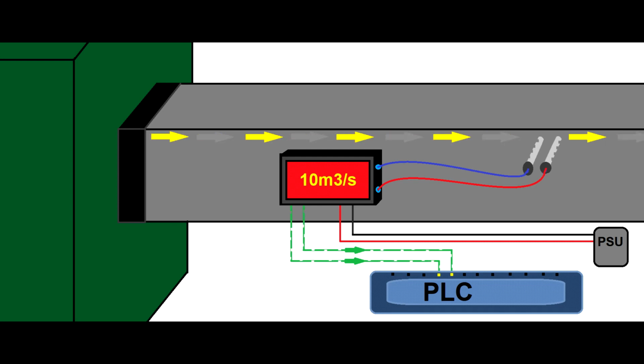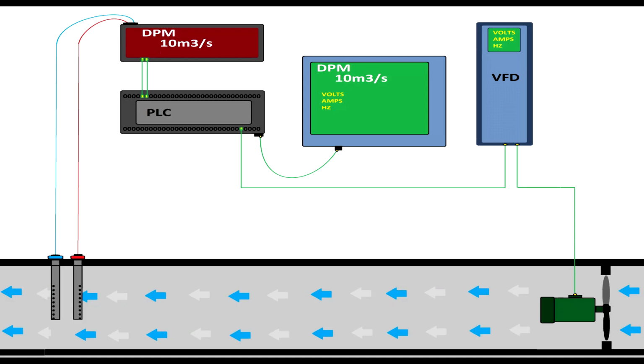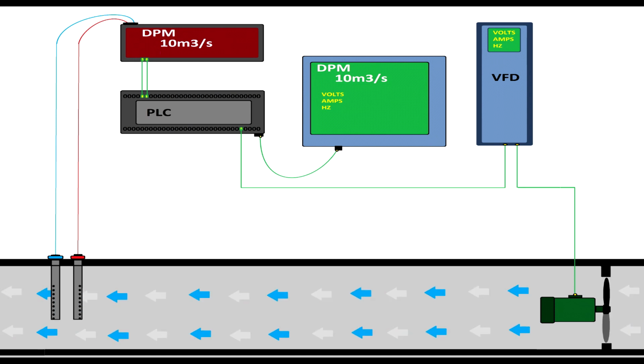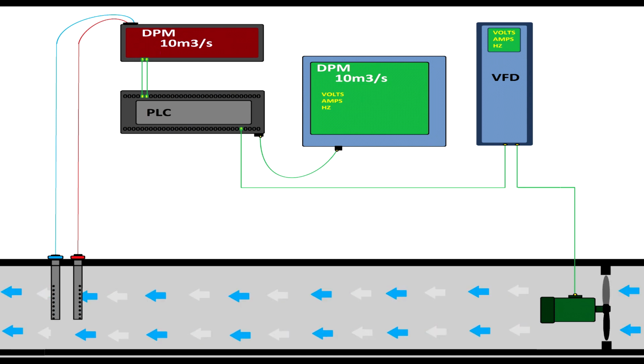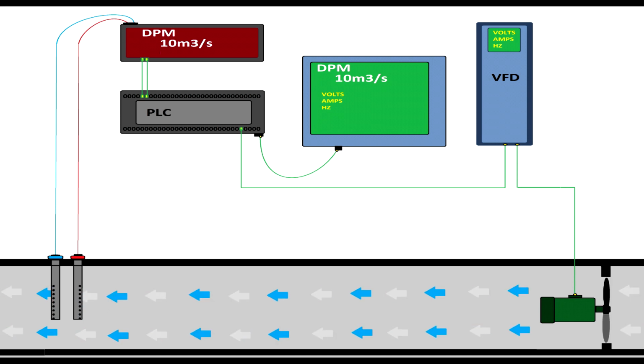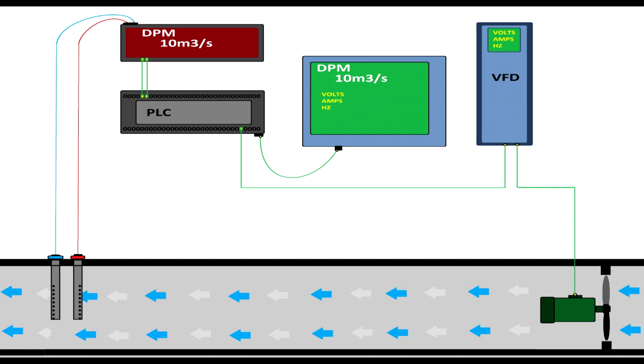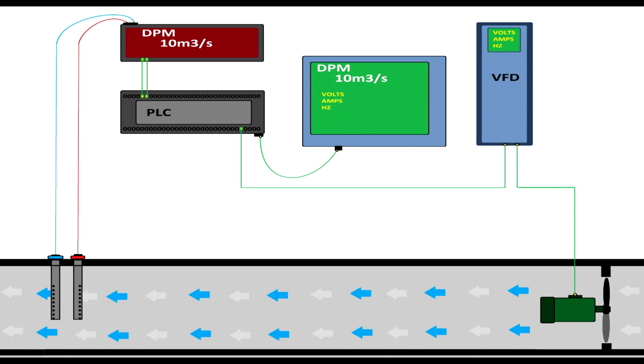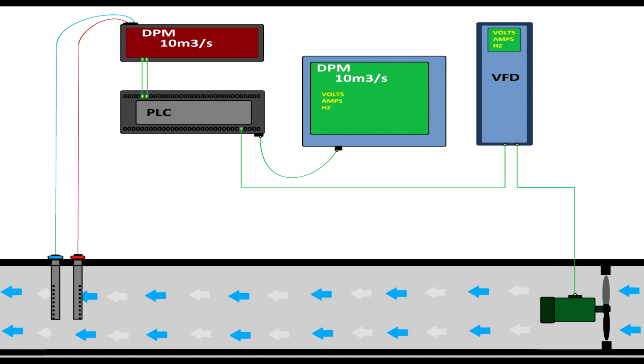We use differential pressure modules, differential pressure control, which controls dampers, and also the information goes to the PLC, which controls variable speed drives. You can see in this video that the DPM collects information through these two pitot tubes and sends the information to the PLC, which controls the fan, and sends the information to the human-machine interface.